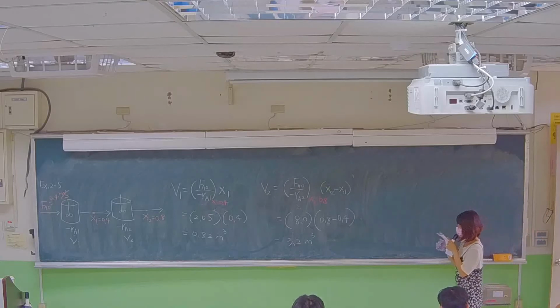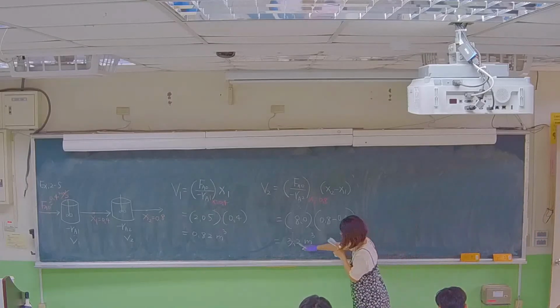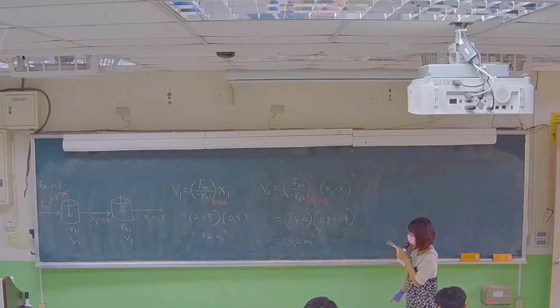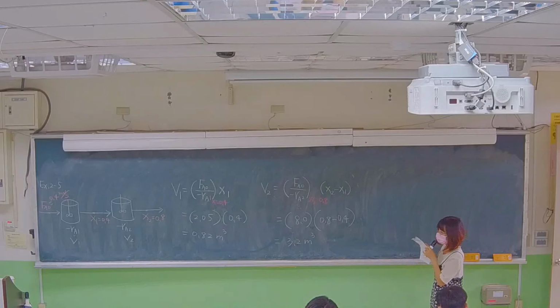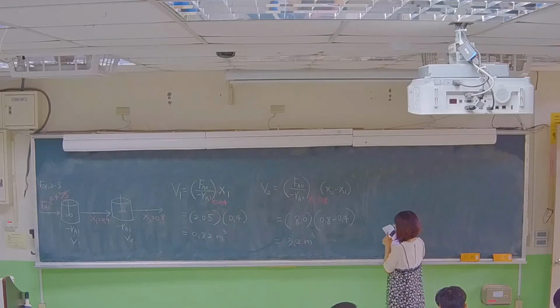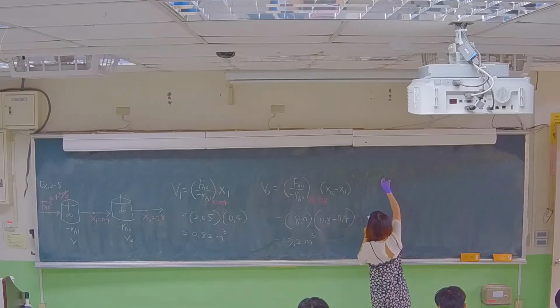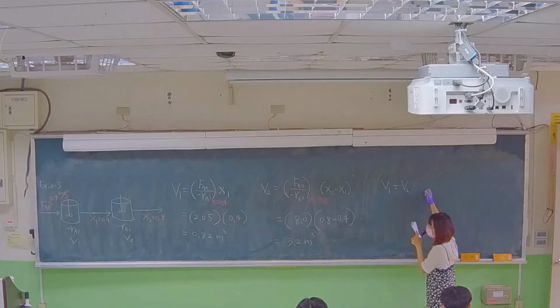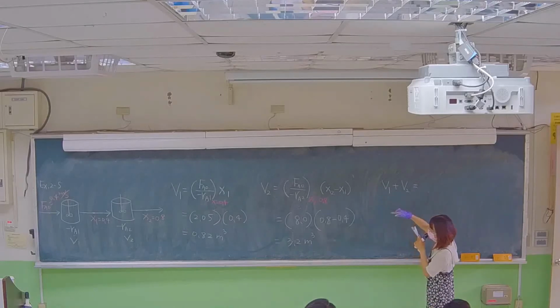What's next? What can you tell from this example? If you compare this example to the previous two, what is the new thing you can find? So let's calculate the total volume for V1 and V2, reactor 1 and reactor 2.